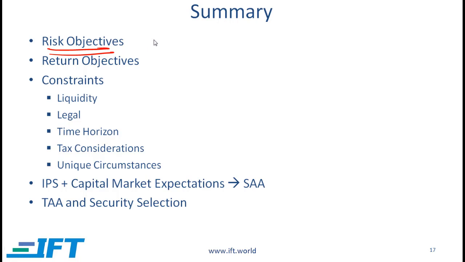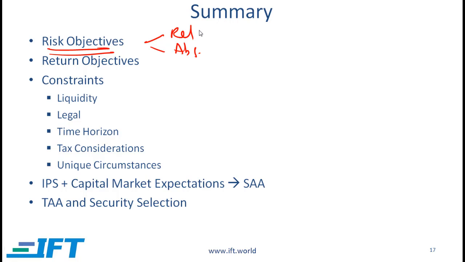Risk objectives can also be quantitative, and within quantitative, we can either have relative risk objectives or absolute risk objectives. A risk objective that says that we do not want losses of more than 5% would be an absolute risk objective.